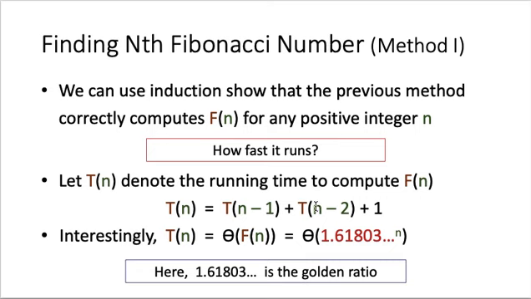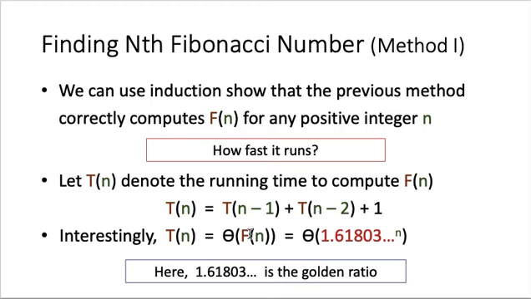And after computing these 2 results, we add them, so there is a plus 1 for the time. Notice that this is actually the same form as we define the Fibonacci number. So we actually can solve this exactly and find that t of n is theta of f of n.